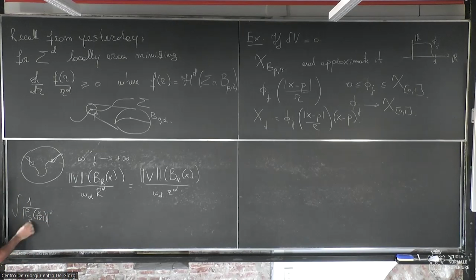So this reflects the fact that you have an area factor that is strictly less than 1, the full fraction, if the surface is not cutting the sphere orthogonally.